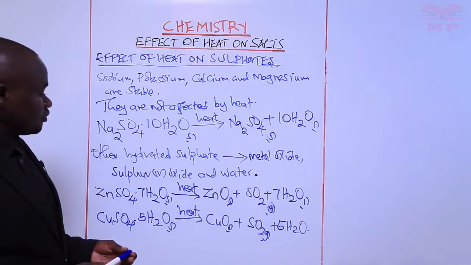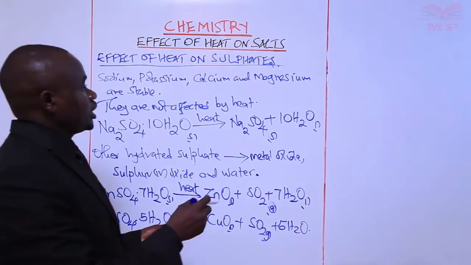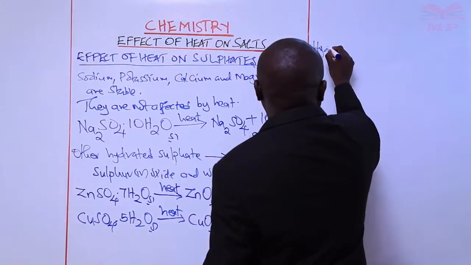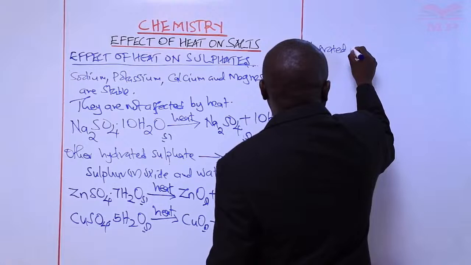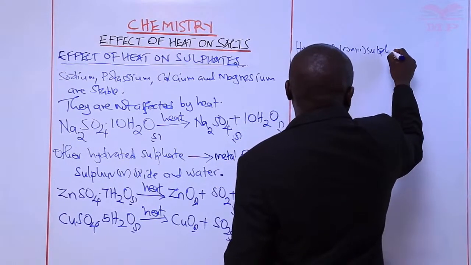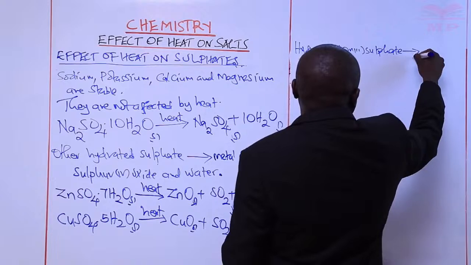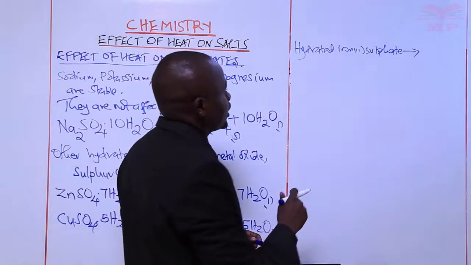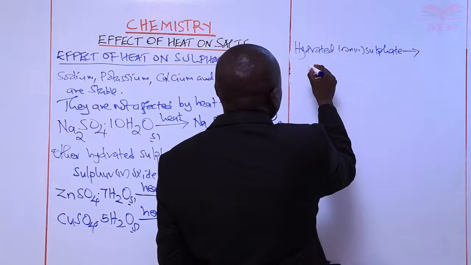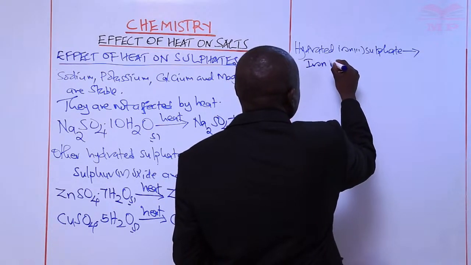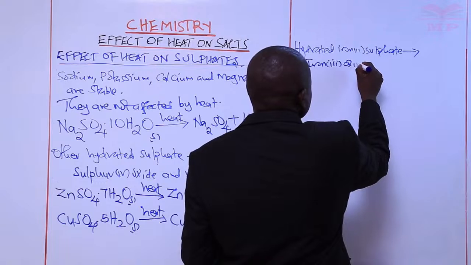Iron 2 sulfate behaves differently in that on heating, hydrated iron 2 sulfate decomposes to give you four products. The first product is iron 3 oxide.